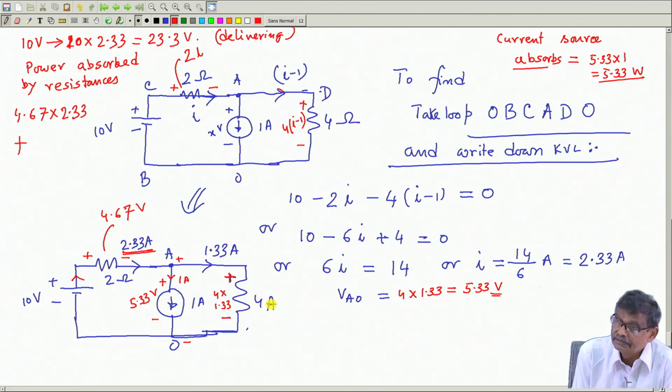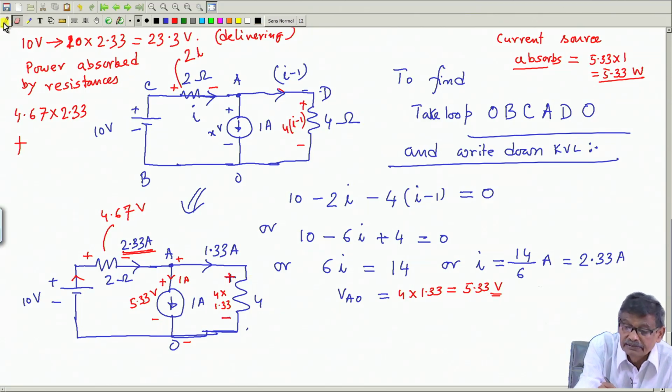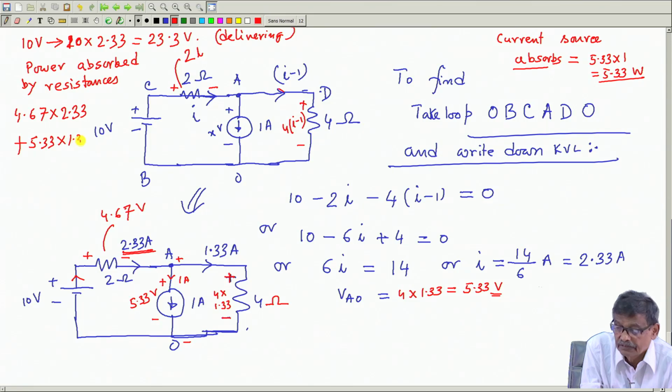This is ohm, please correct that, this is not ampere, sorry for that. So, 4 into 1.33 is the voltage, into 1.33. So, how much is it? Oh, this is 5.33. So, 5.33 into 1.33. How much does this sum become? 18 watt.